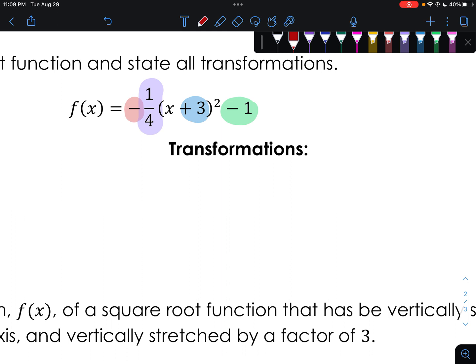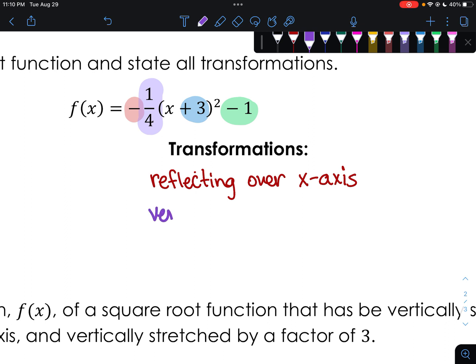There's a negative out in the very front. It's not touching the x, it's out in the very front, which means that it's reflecting over the x-axis. Then that 1/4 out in front is telling us that we are having a vertical compression of 1/4.